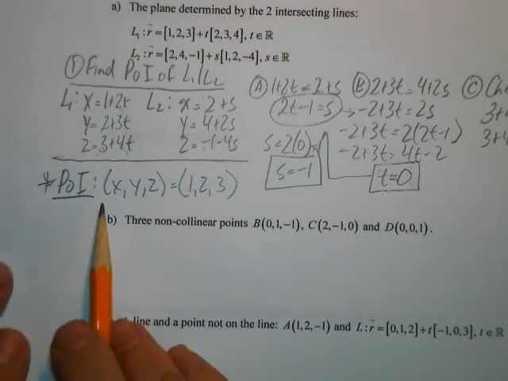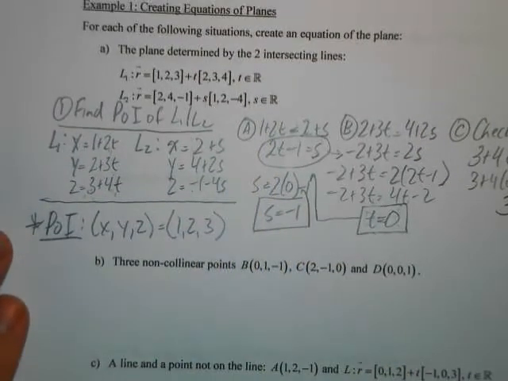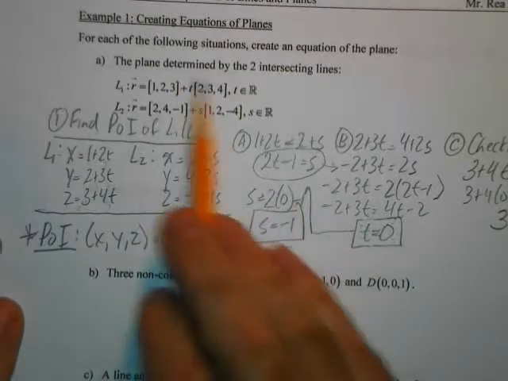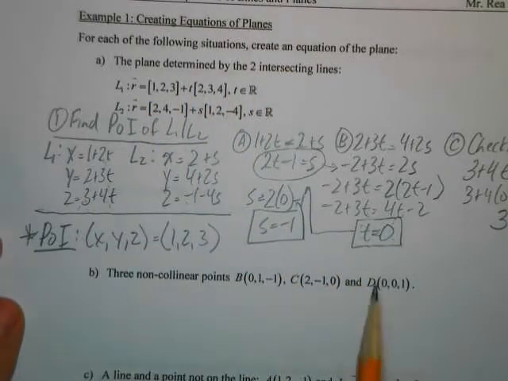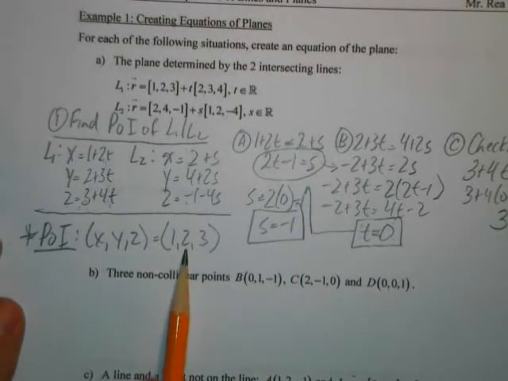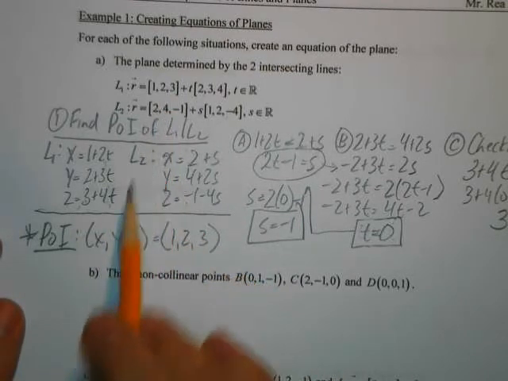Okay, so what do we have to do now? Remember, we're trying to get the equation of the plane that's defined by these two lines. So remember what we need for the equation of a plane. We need a point that's on the plane. Well, we just found one. Now you might say, well, what about these points? Well, they don't have to be on the plane.